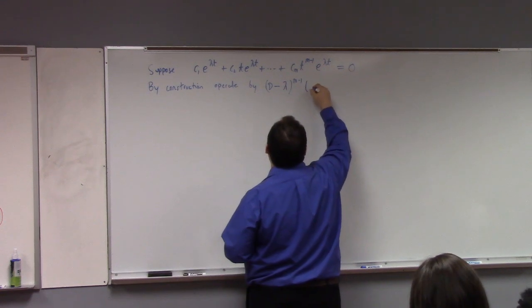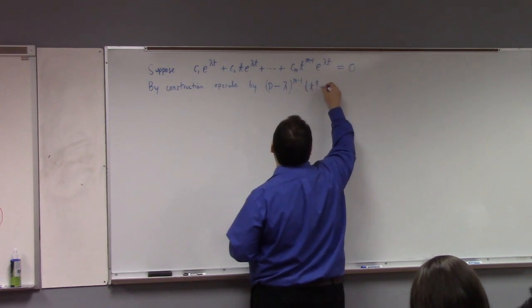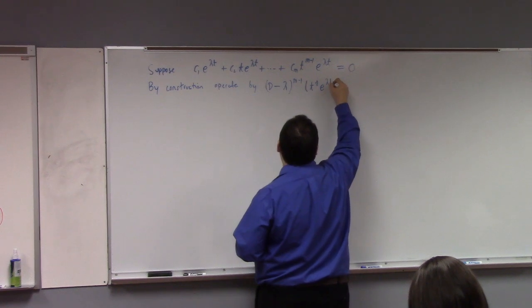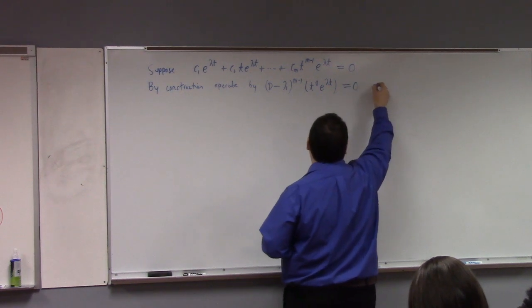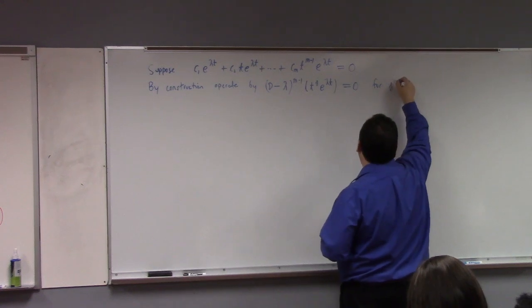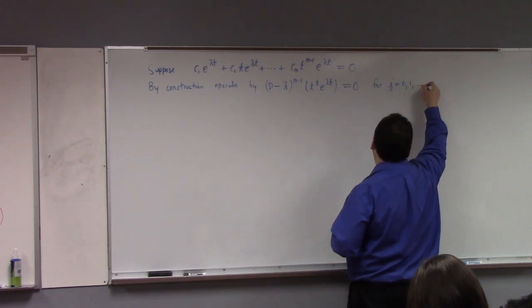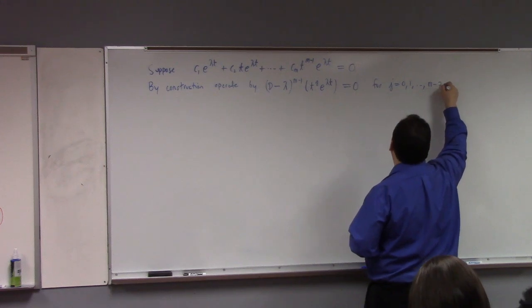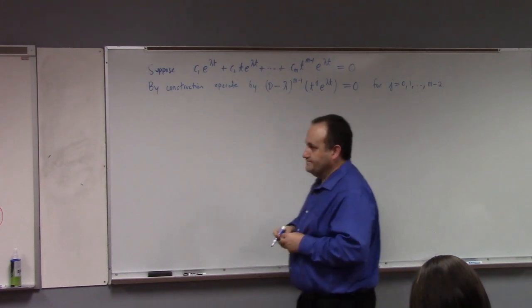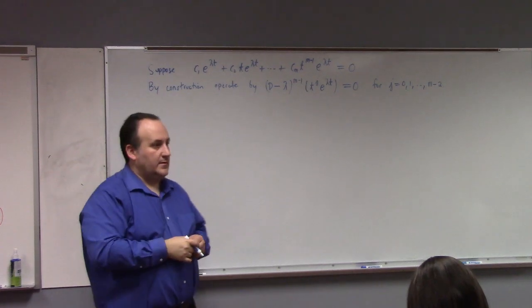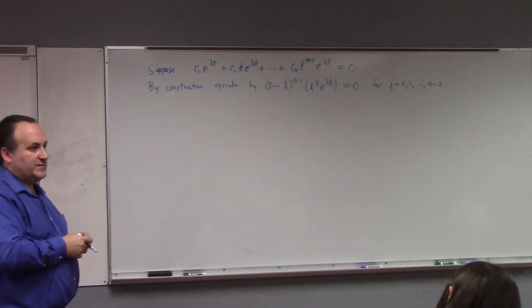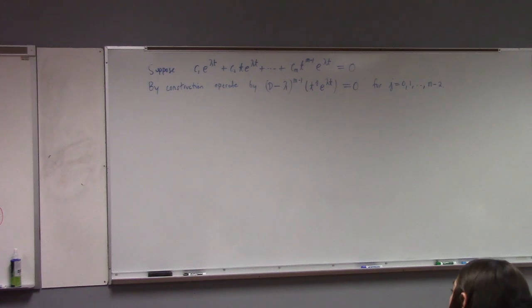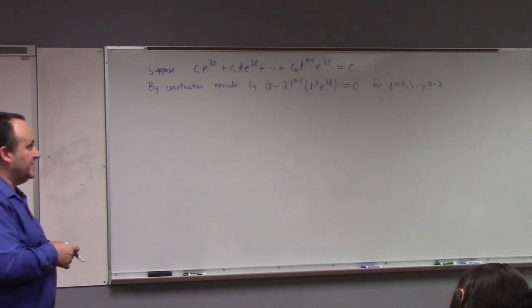If we feed that t to the j e to the lambda t, we get 0 for j equals 0, 1, all the way up to m minus 2. That's what the solution set does. It kills off all of the first things.